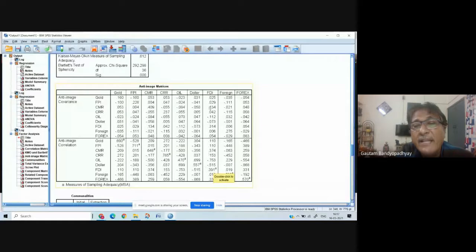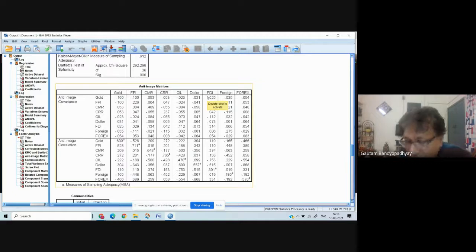For FDI, the anti-image value is very low. When the anti-image is very low, that means this variable has no high association with the other variables. That is the thumb rule: if it is less than 0.5, and since it is the minimum of these, first we discard this variable. So FDI has no importance.